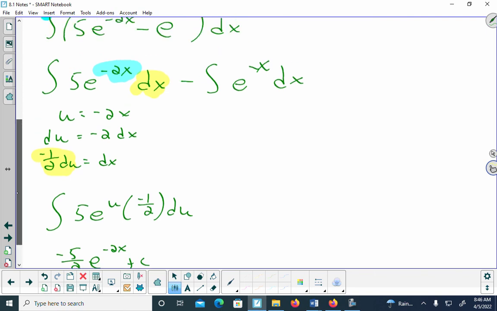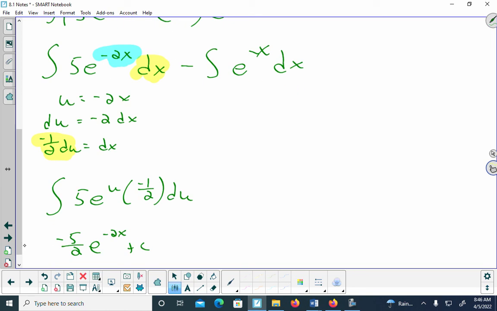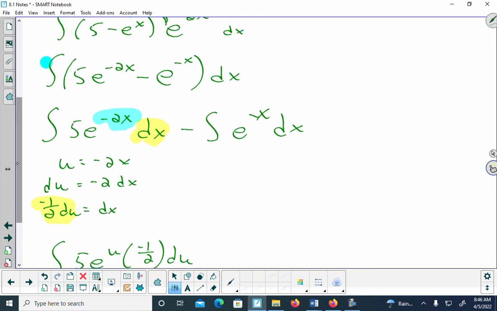So let me go back up and do the other half. So here's this minus sign. So I'm going to copy down this minus sign so I don't forget it. All right, and then here this is going to be my u. So u is going to equal negative x. So the derivative of u is going to equal negative 1 dx. So negative du is equal to dx.